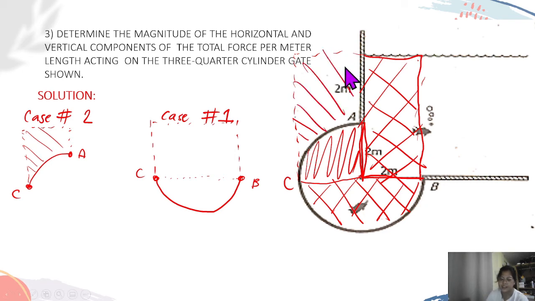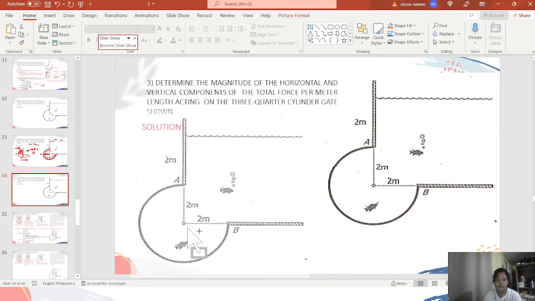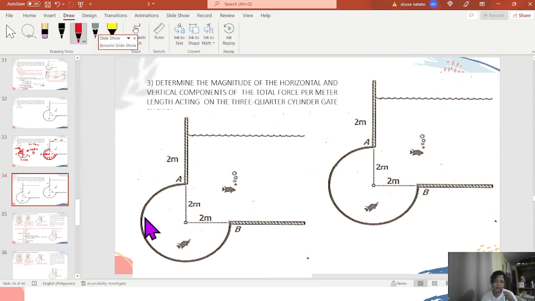Nagets niyo yung idea? Wait na lang. Doblehin ko tong ditong figure. So, ganito. Kapag i-minus itong kabuuan nitong AB, no? So, A to B. Yan.